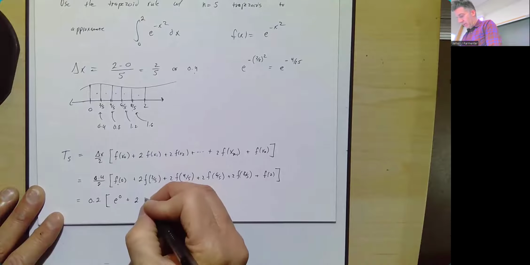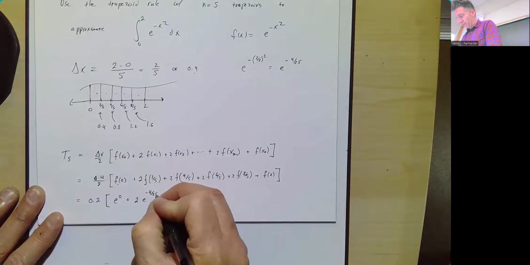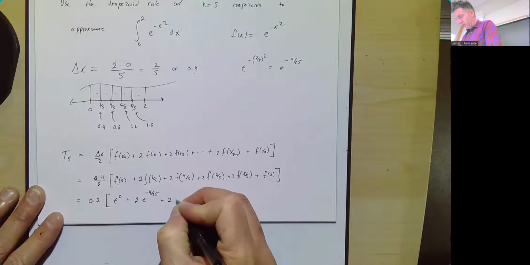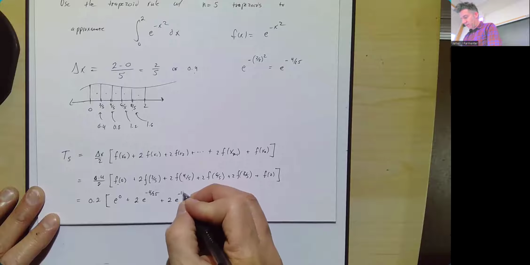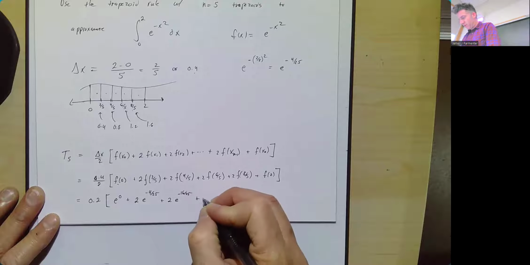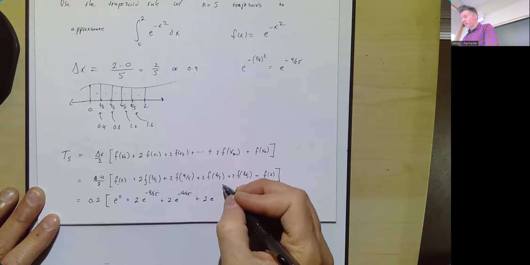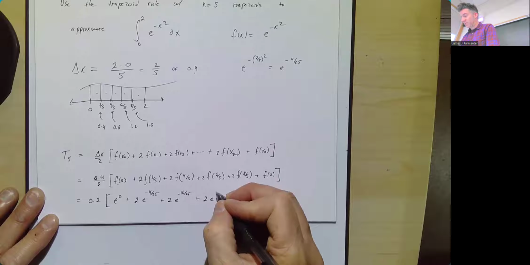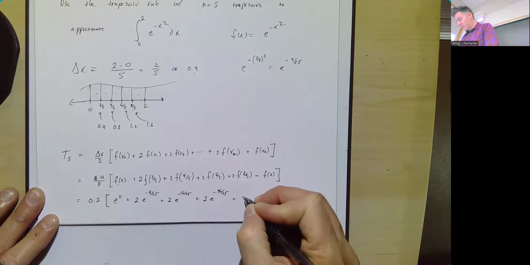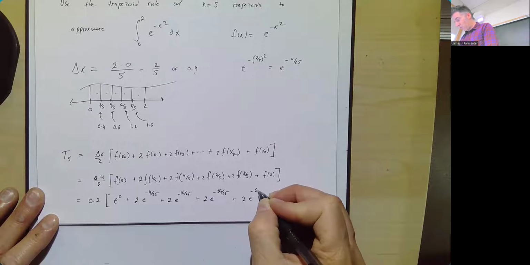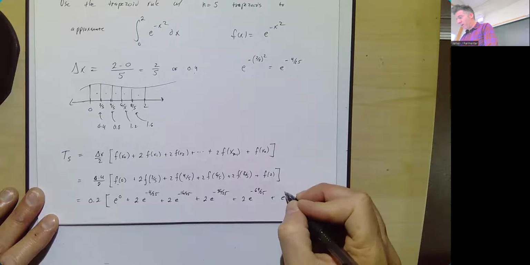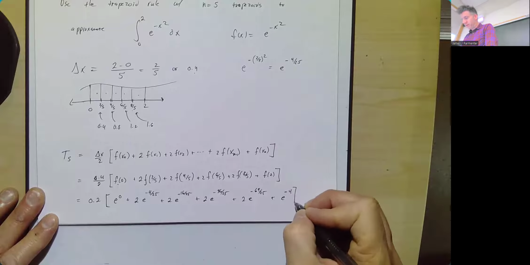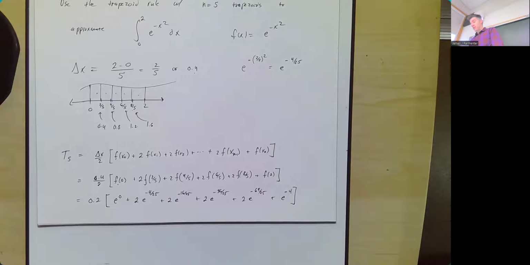So we get e to the negative 4/25 plus 2 times e to the negative 16/25, since 4/5 squared is 16/25, plus 2 times e to the negative 36/25, since 6/5 squared is 36/25. Finally, 2 times e to the negative 64/25, and lastly, 1 times e to the negative 4, since 2 squared is 4. And there's your estimate. And this is how I would leave it.